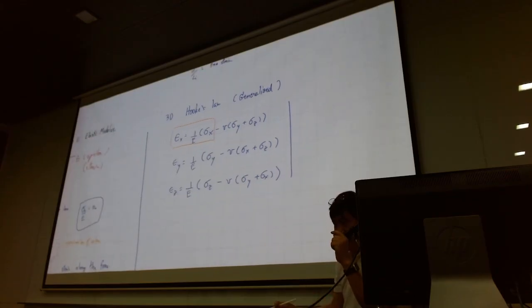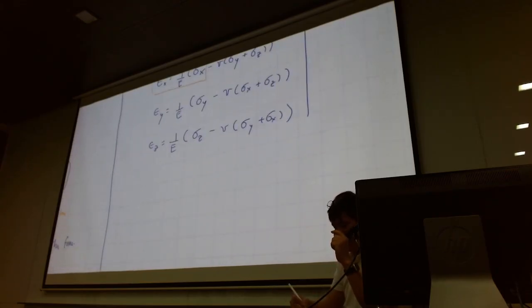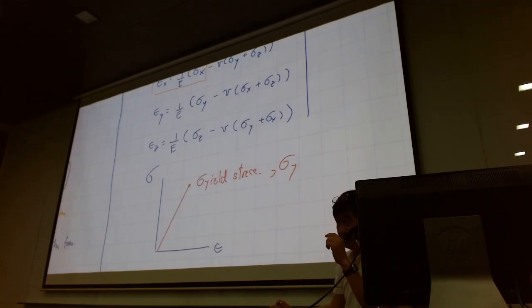So in this class, we consider the limit point or the failure to be yield stress. Or sometimes we just call it sigma y.